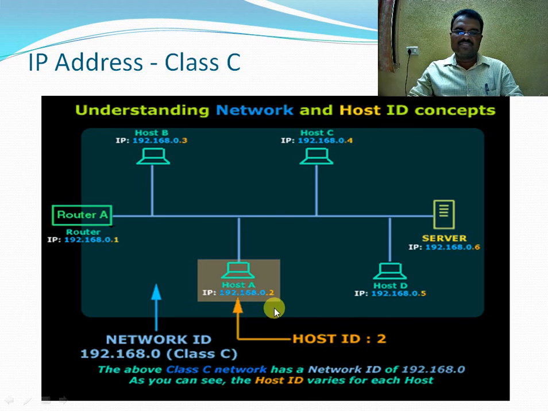Here the host ID is 2 and the network ID is 192.168.0. This is class C. The above class C network has a network ID of 192.168.0 and the host ID is 2.